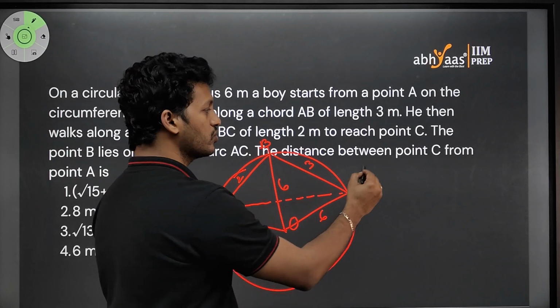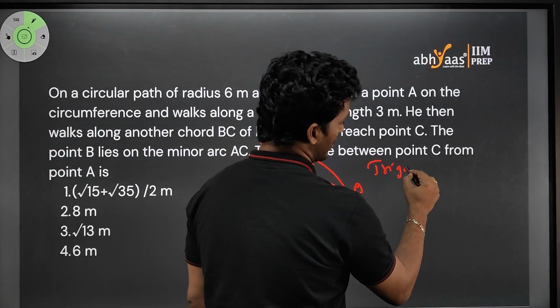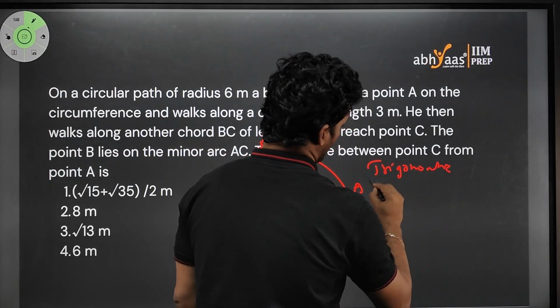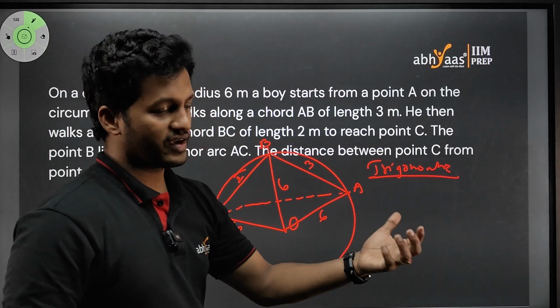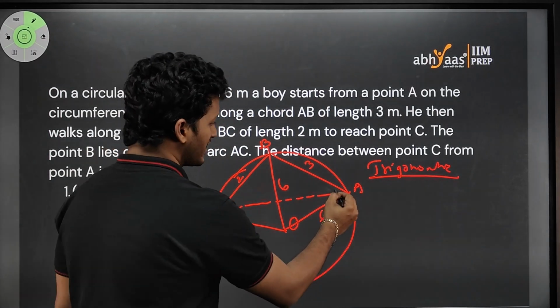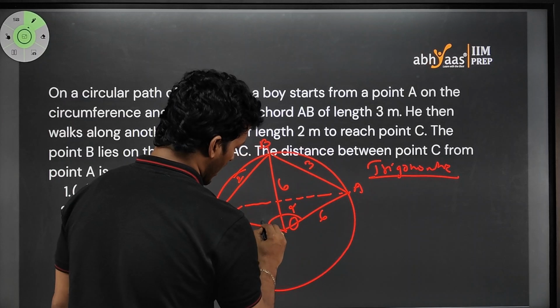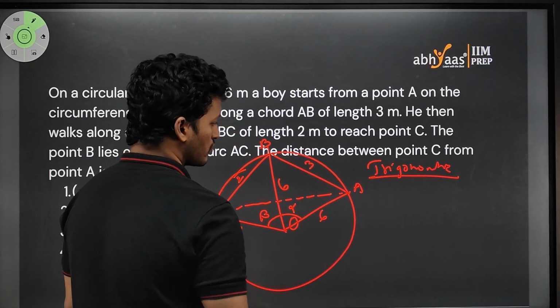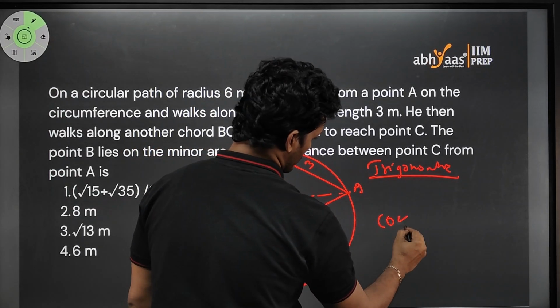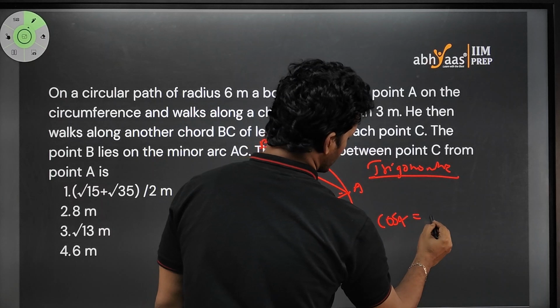Then I'll go to trigonometrical application. That's the only way you can do this one. So if I think of this as an angle alpha and beta, can I know cos alpha?